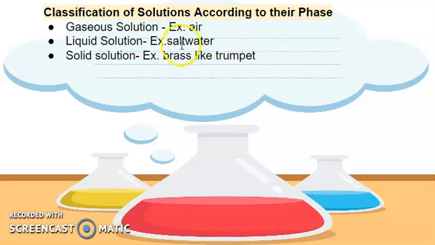Take note, salt is a solid and it dissolved in water. So the final output now is a liquid solution, that's salt water. Take note, we have the so-called aqueous solution. When you say aqueous solution, water is used as the solvent.